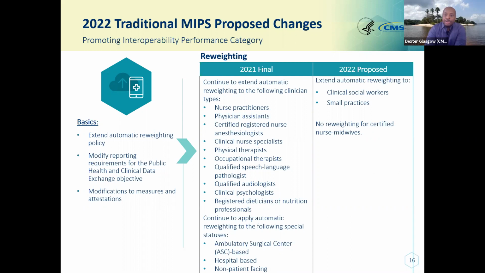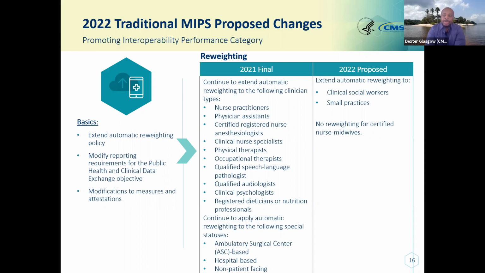We are changing our policy for small practices. So what we've decided to do for this year is to revise our reweighting and redistribution policies, particularly for small practices, to ensure that those small practices can have a more equitable playing field. So in circumstances when the promoting interoperability performance category is reweighted for small practices, quality will count for 40 points, cost for 30 points, and improvement activities for 30.